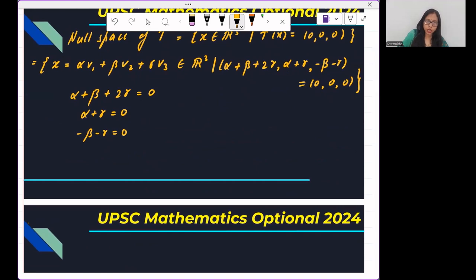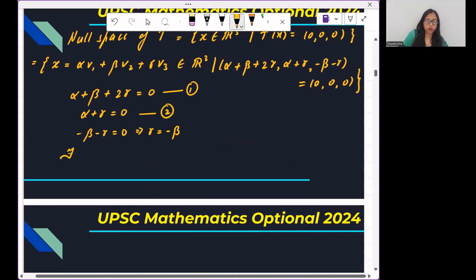Okay. So gamma from here is what? Gamma is minus beta, right? If you substitute it here and here, let me name them 1 and 2. So from 1, alpha plus beta is equal to minus 2 times minus beta.